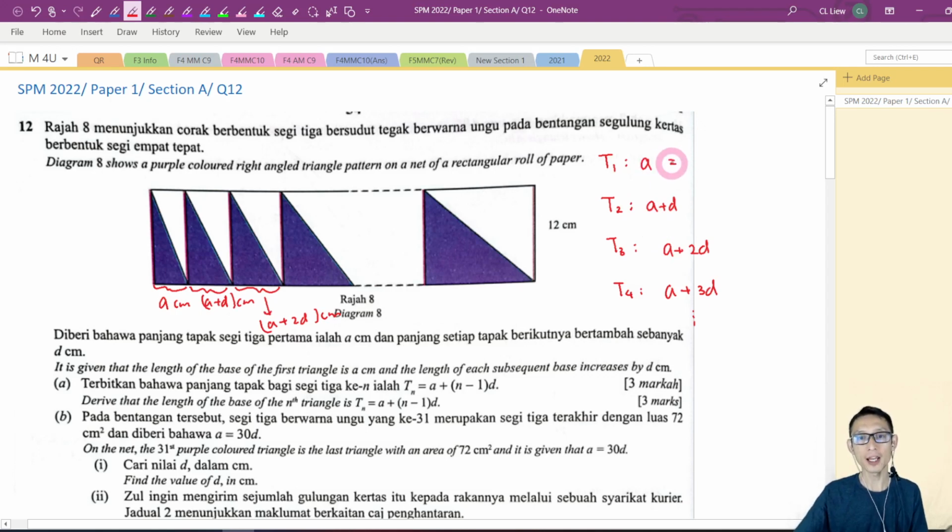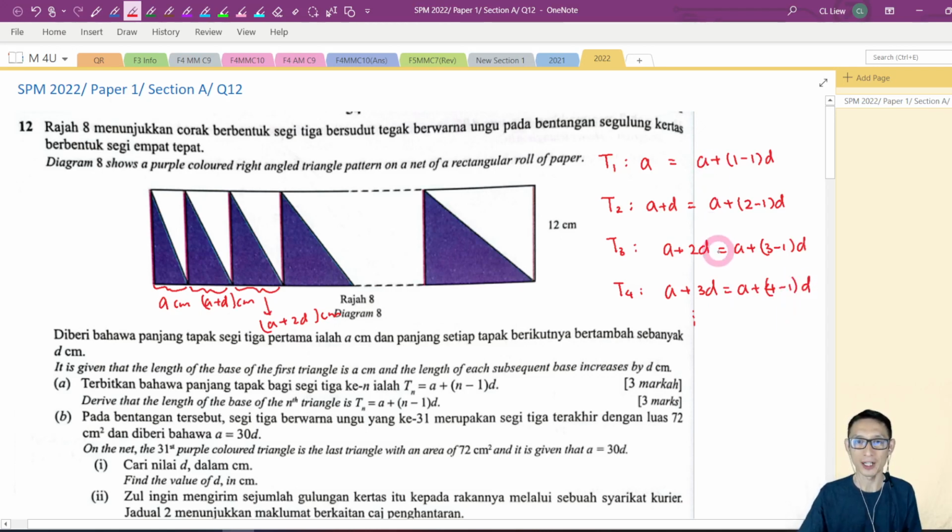T1 is actually a plus (1 minus 1) times d. You will get 0d, therefore we only have a for the first term. This one is a plus (2 minus 1)d, and this is a plus (3 minus 1)d, and the last one here is a plus (4 minus 1)d.